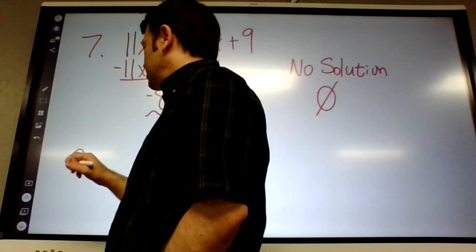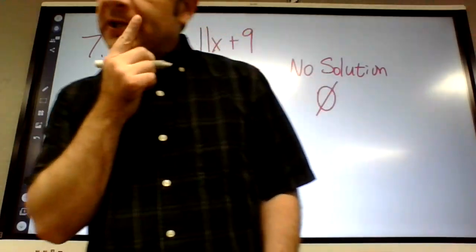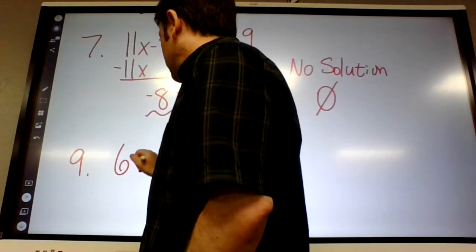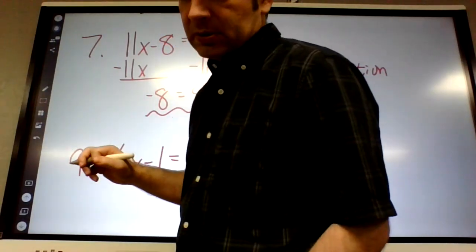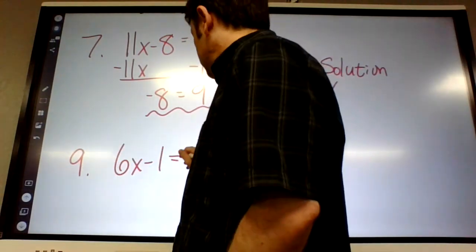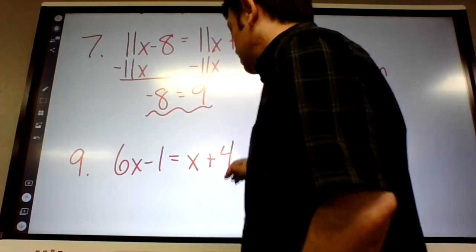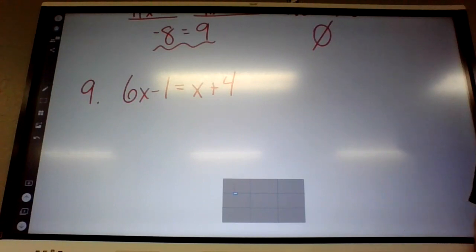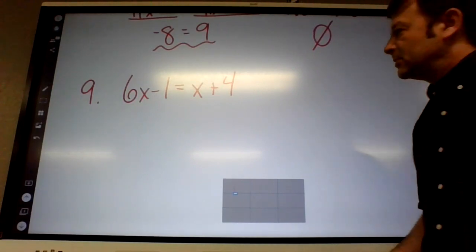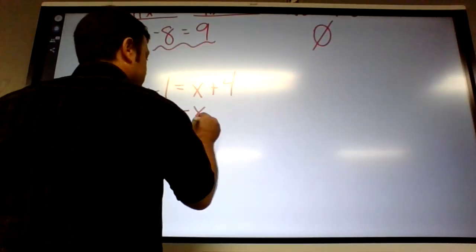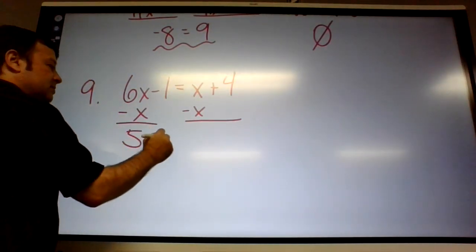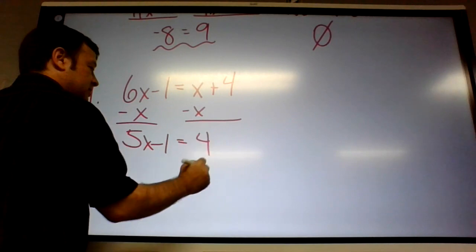Okay. So, alright, let's just keep on here. Number 9, 6x minus 4 equals x plus 4. Alright, Case, what should we do on this one? We just subtract 1x from both sides. Okay, you could subtract 1x, which would leave you with 5x minus 4 equals 4.